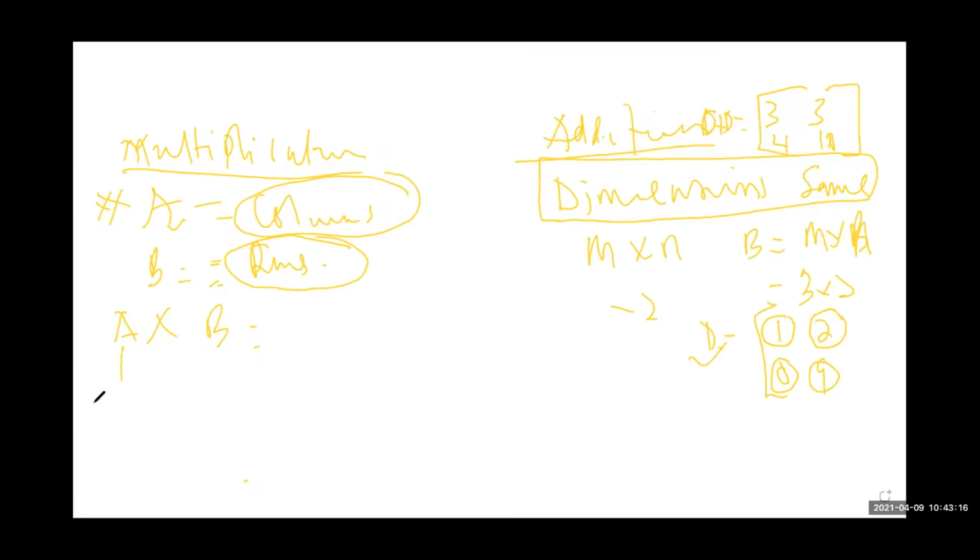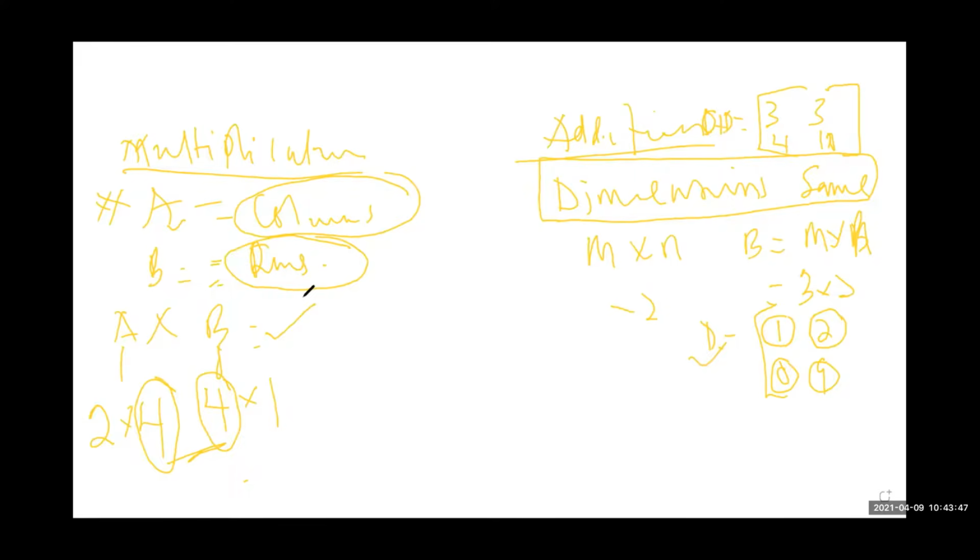So if matrix A is 2 by 4 and matrix B is 4 by 1, the question you ask yourself is, can I do this operation? Because we say that the number of columns for matrix A should be the same as the number of rows for matrix B. Because they are the same, I can perform that multiplication.